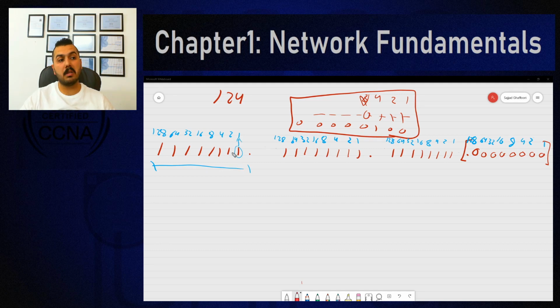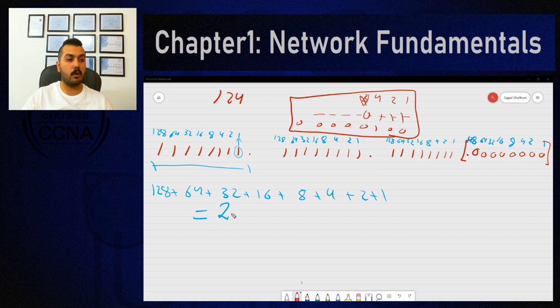In this case all of them are ones, so I will use 128, 64, 32, 16, 8, 4, 2, and 1. All these 8 numbers have ones beneath them, so I use them all, and that gives me the result of 255. So my first octet, converted from binary to decimal, is 255.